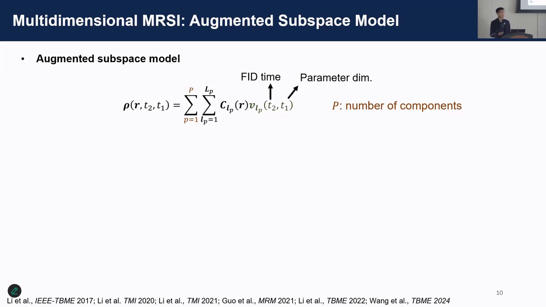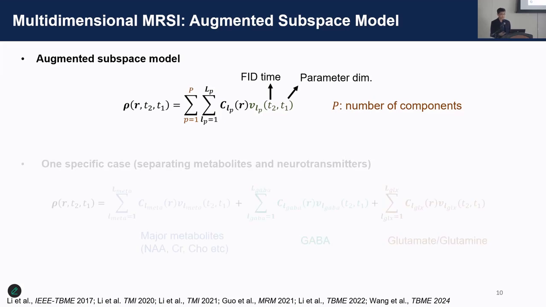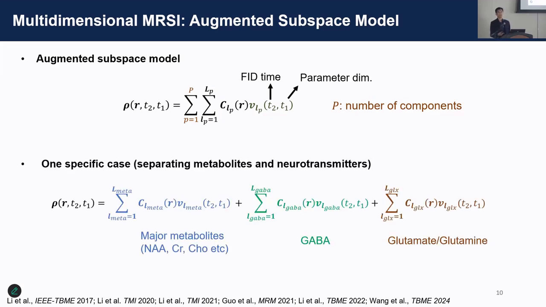And this can be defined in a more task-specific fashion. For example, if you are interested in separating the major metabolite signal that everybody does, as well as a couple of neurotransmitter components, for example, the signal from a GABA molecule, the primary inhibitory neurotransmitter, or glutamate representing the excitatory neurotransmitter, you can define your model into these three components, with one capturing the major metabolites and two others capturing the GABA and glutamate signal specifically.